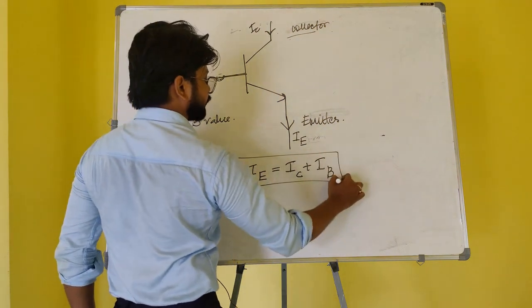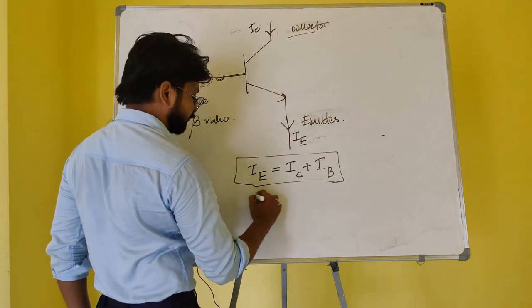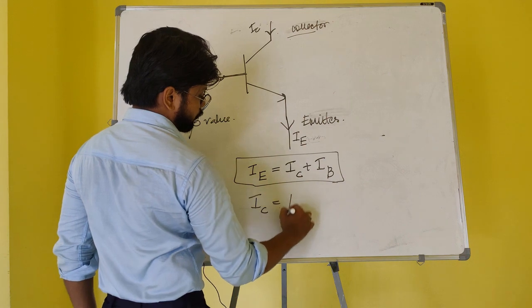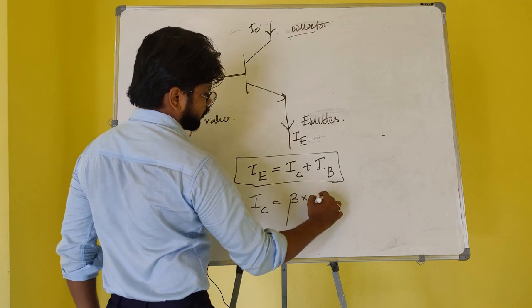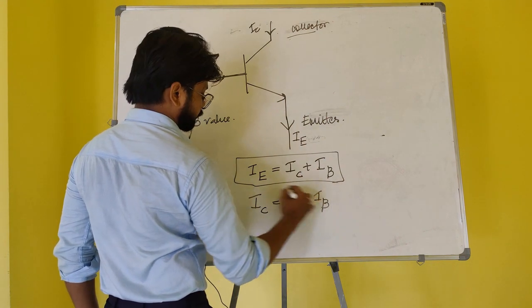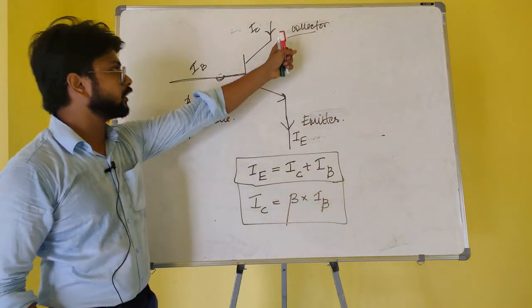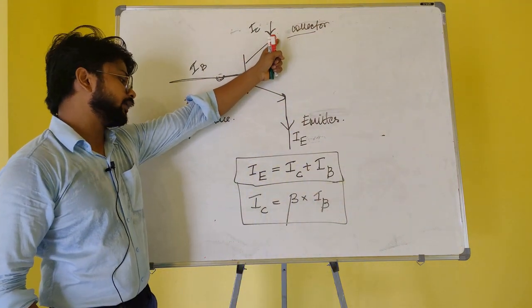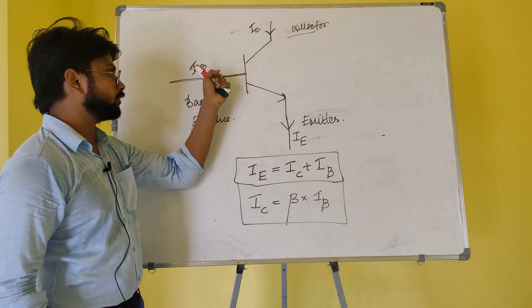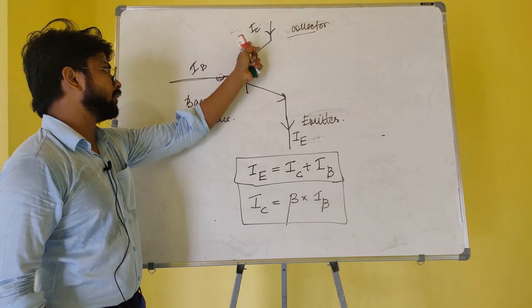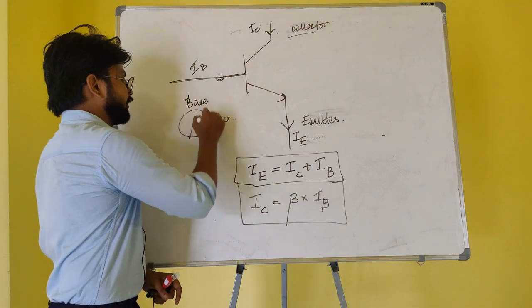There is another equation which says that IC equals beta into IB, where the collector current is dependent upon the base current IB and is directly proportional to the beta value.